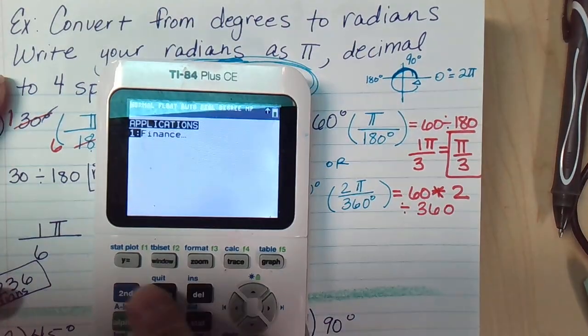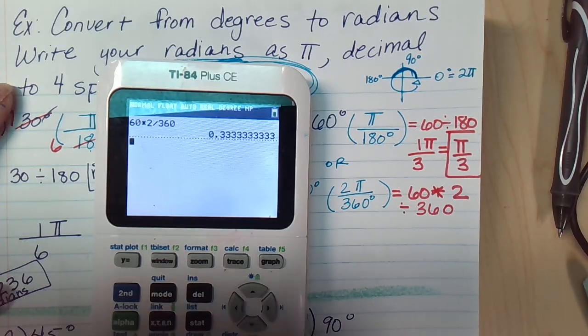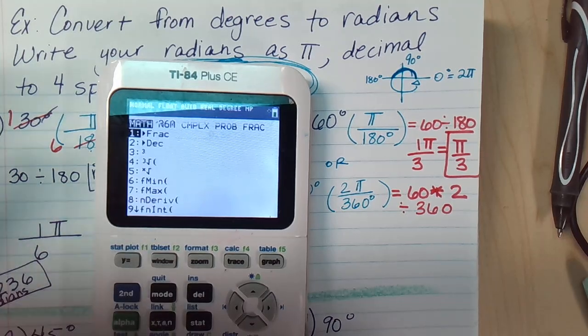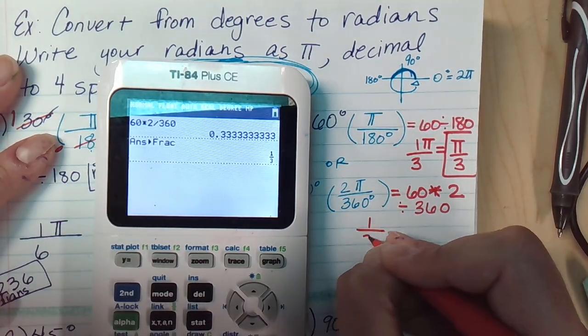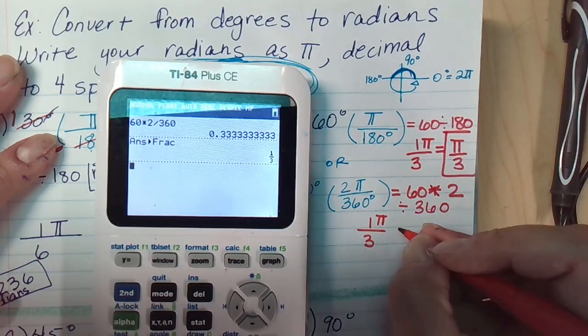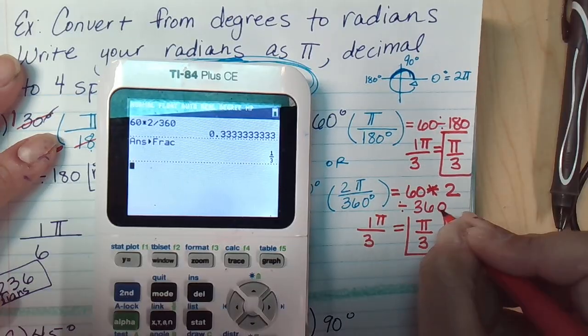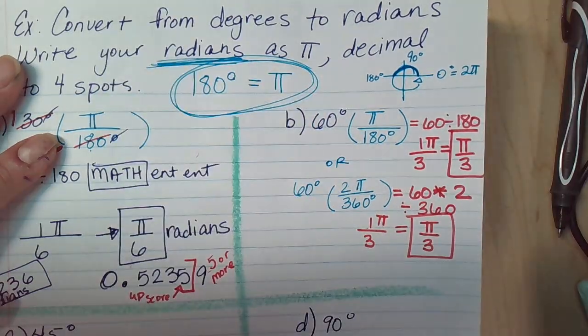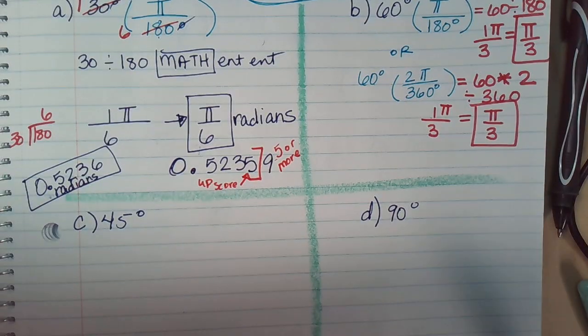And let's see what happens. 60 times 2 divided by 360. Hey, 0.3. Math enter. And hey-oh, we get 1 over 3. But then we put a pi on top because that's where the pi was. Then we grow up and we quit writing that 1 on the pi because it's understood or it's imaginary. You don't have to put it there.